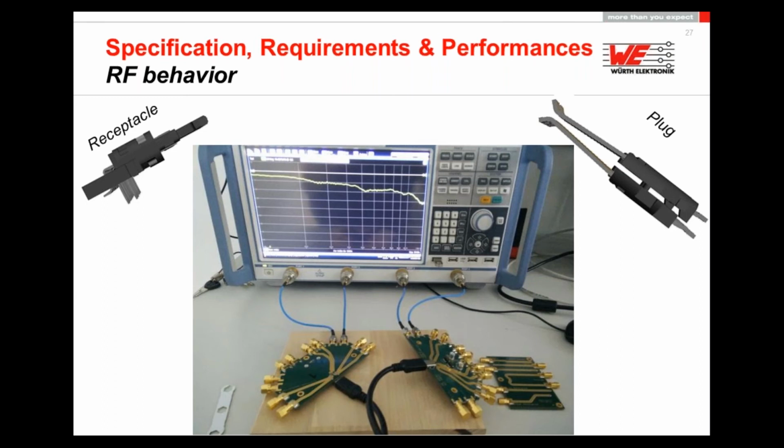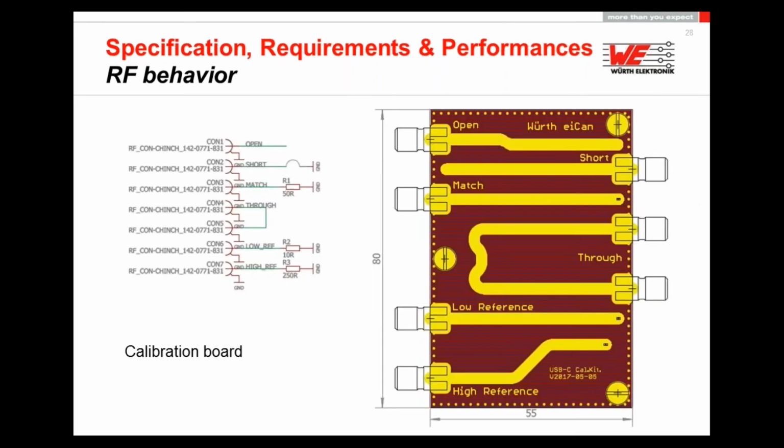Good. Here we see, when we try to analyze the RF behavior and when we measure a connector, we have to go a little bit backwards first to analyze how the system is working and how we have to set up our analyzer. So in that picture we can see a 4-port frequency analyzer, and when we measure the signals, it makes sense to measure only the signal way and not the measure lines.